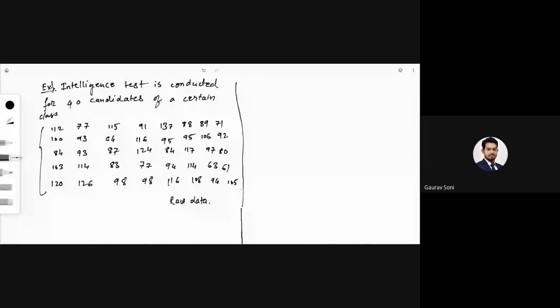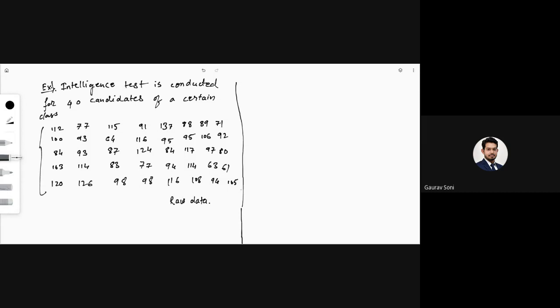And how will we decide the intervals? According to how we have the raw data, to accommodate that, we can take even distributions.